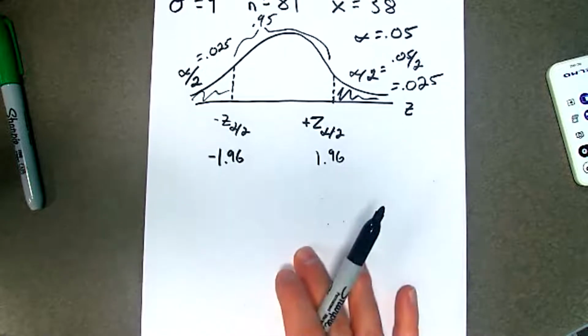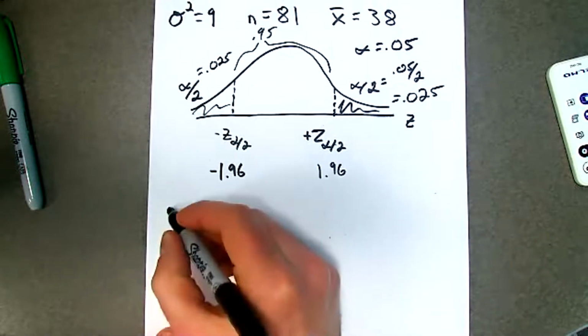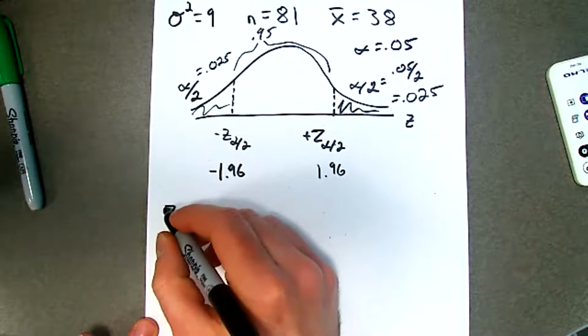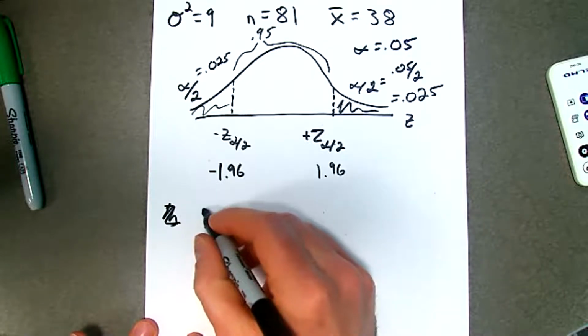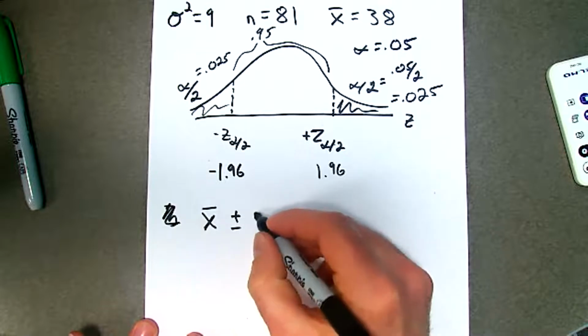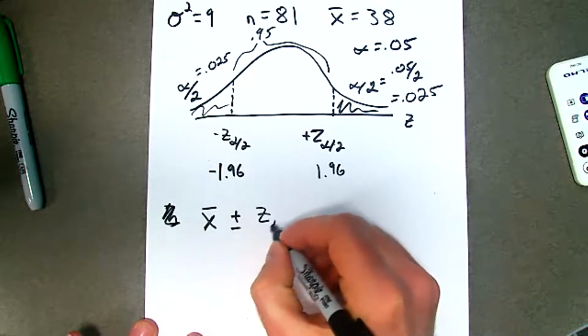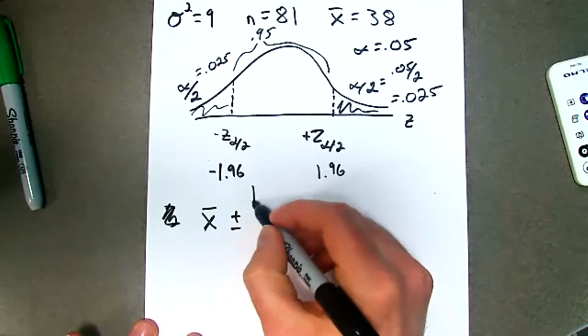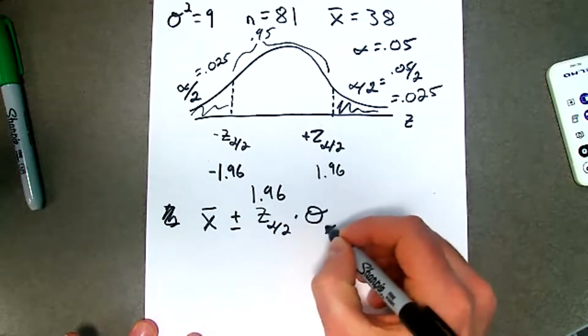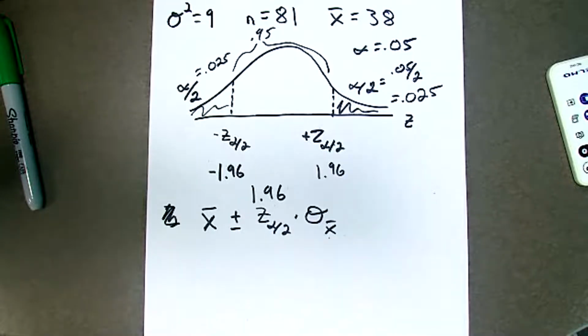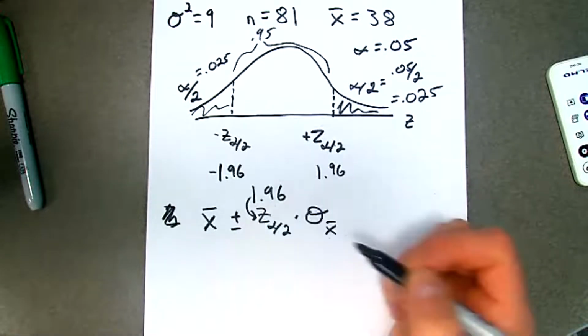From here, it's really just a matter of plugging these values into our equation. So let's take our sample mean. We've got this z-score for alpha over 2, which we know is 1.96, right? And then we multiply by the standard deviation of our sample means. Okay? So I've got this plugged in.